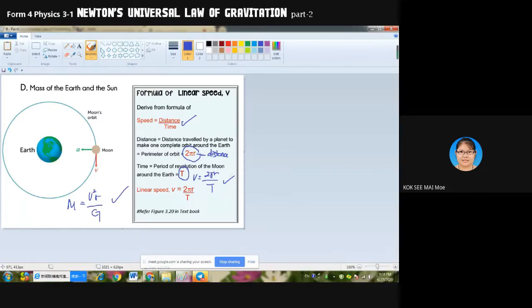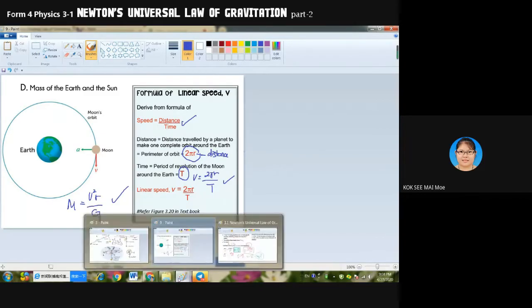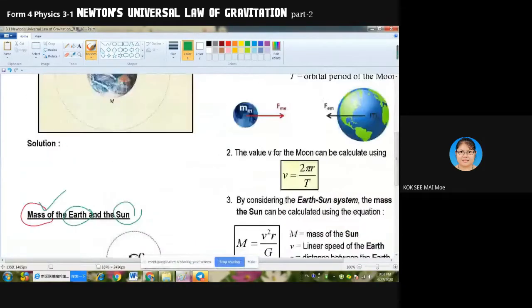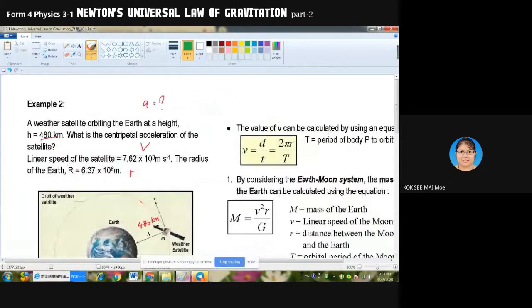In your notes also, they show V equals distance over time. The distance means the perimeter of the circle of the Earth, which we count as 2 pi r.